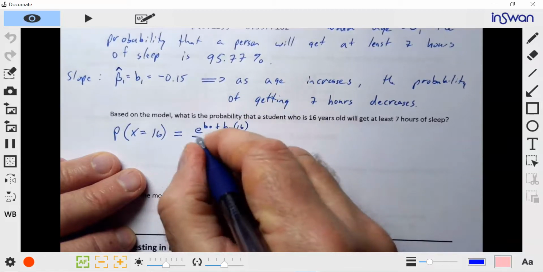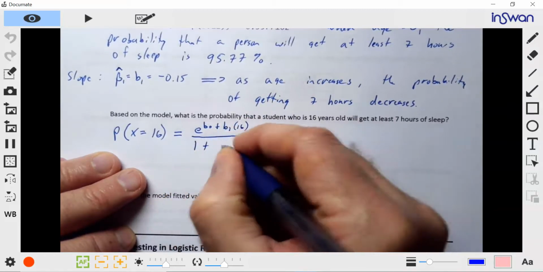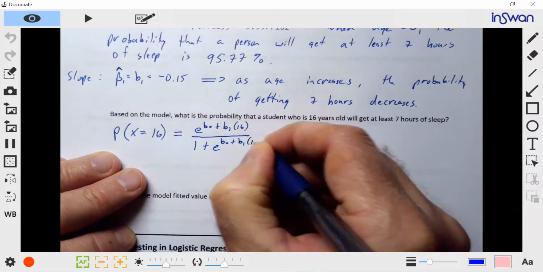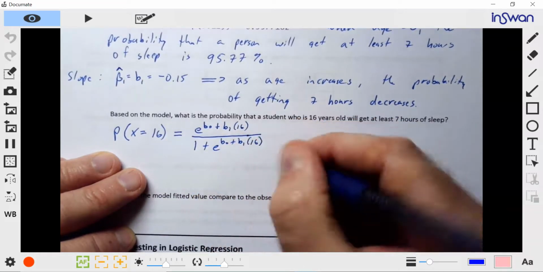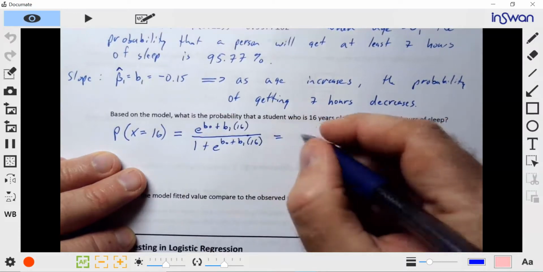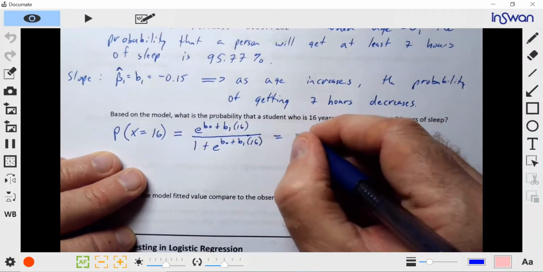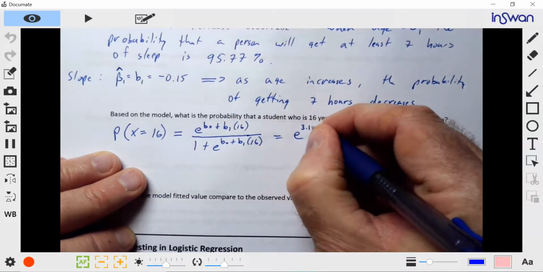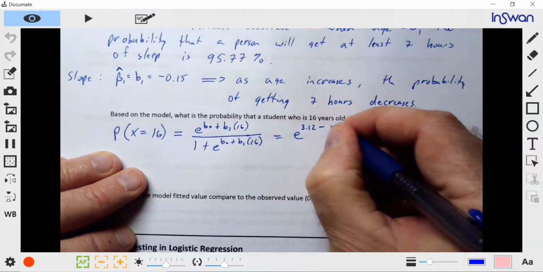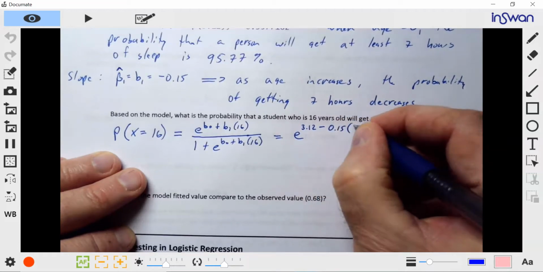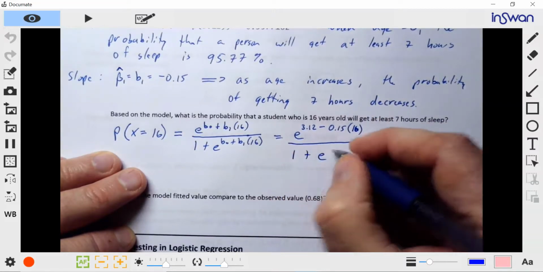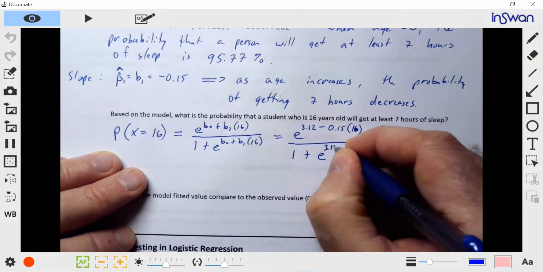We can plug in our estimates for beta 0 and beta 1, times 16.